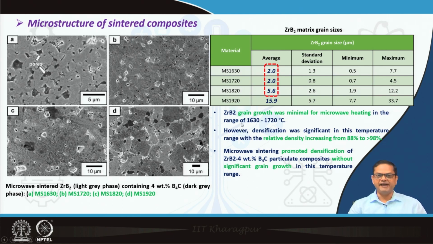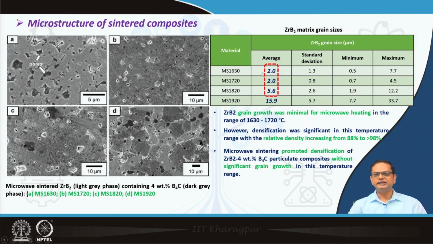Another interesting fact is that even with the increase in temperature, the time of sintering is not very high. So, up to 1820 there is hardly any grain growth. It remains almost the same at 1720, and then there is a slight increase in grain size at 1820.